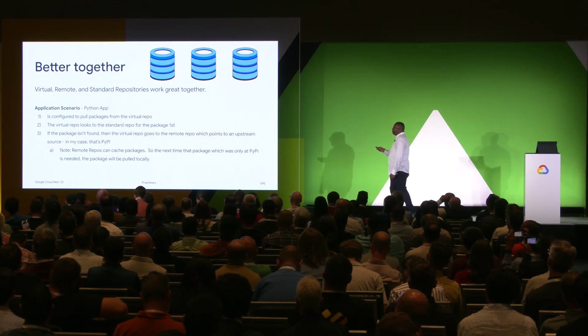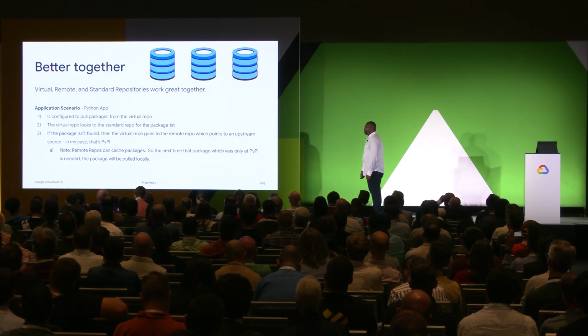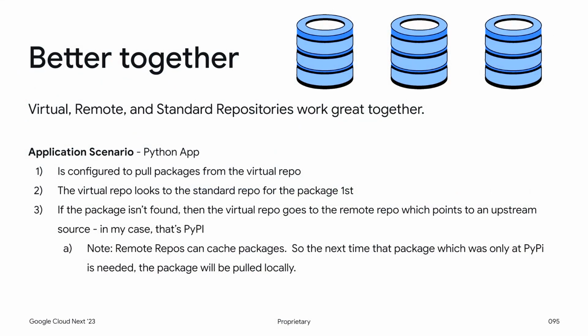Let's say I have a simple Python app that I made up. What I'll do is I'll configure some of those packages for the ones that I've created to be stored in my standard repo. I'll create a remote repo that pulls anything that can't be found from PyPI.